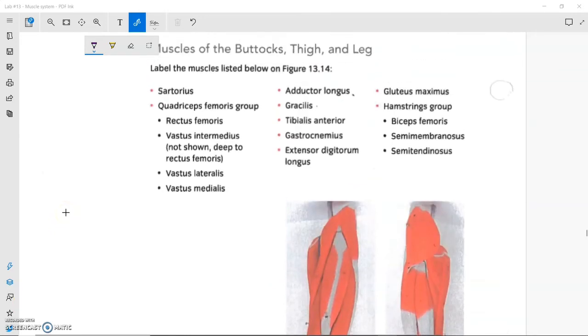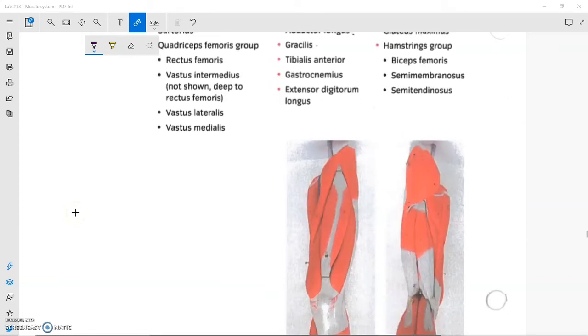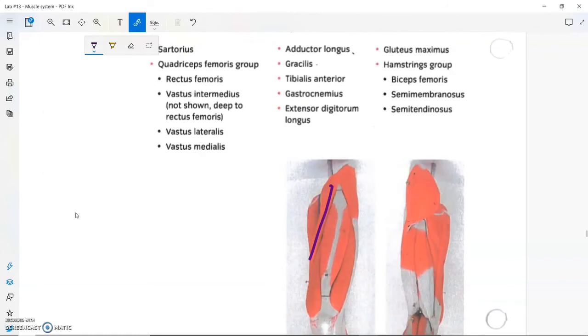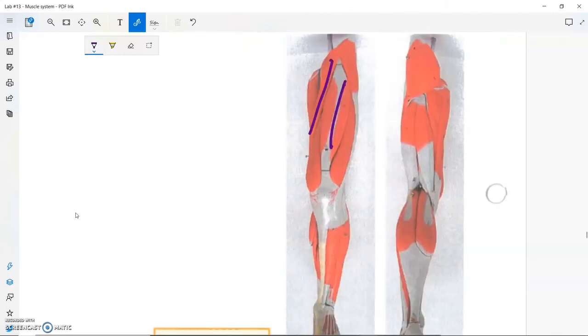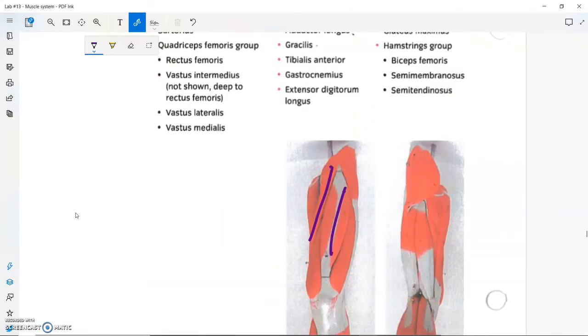Muscles of the buttocks, thighs, and legs. So sartorius muscle, the longest muscle in a human body, is here. Now quadriceps femoris. So we've got rectus femoris here. We've got vastus intermedius, which is deep to rectus femoris. You can see it on the picture. Vastus lateralis and vastus medialis.